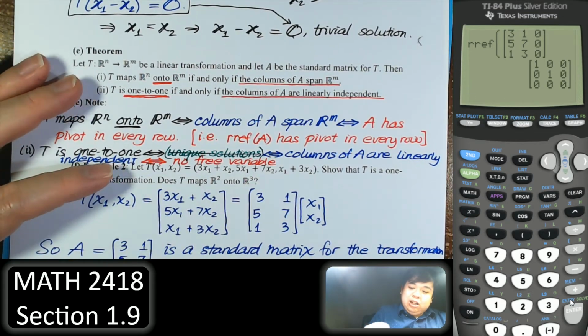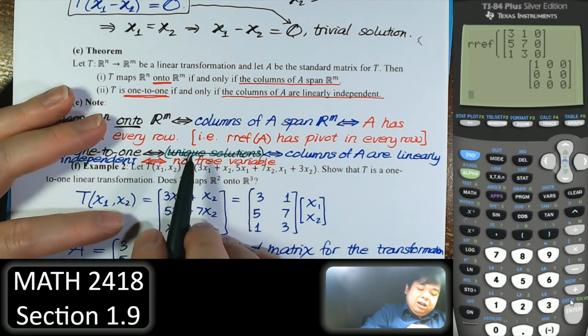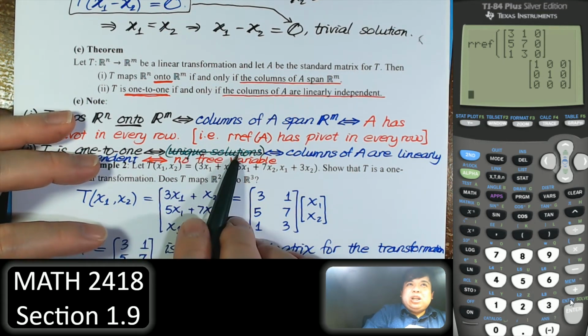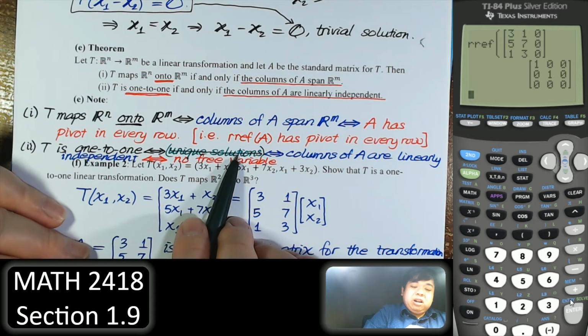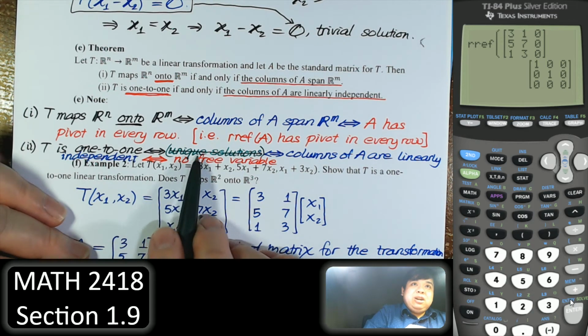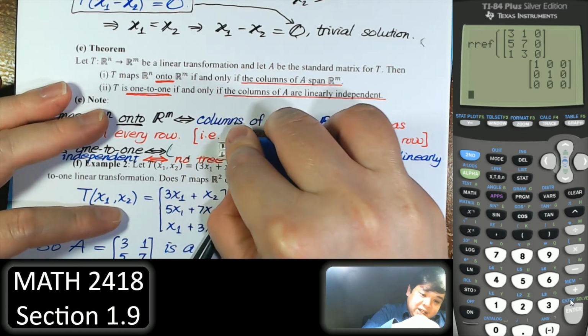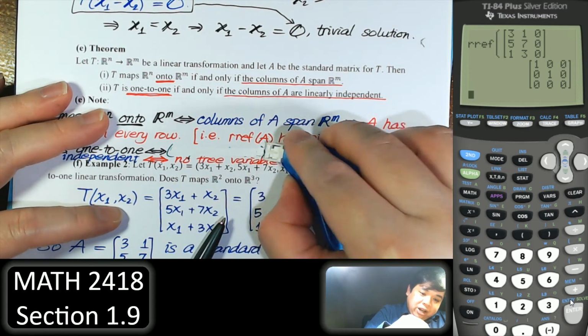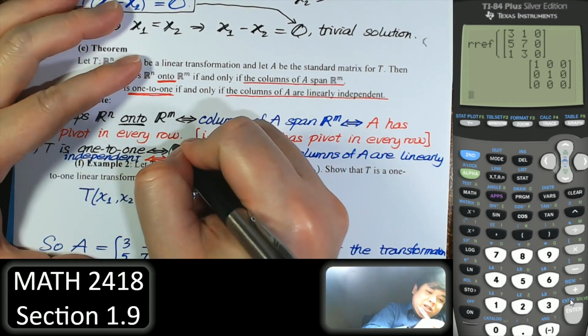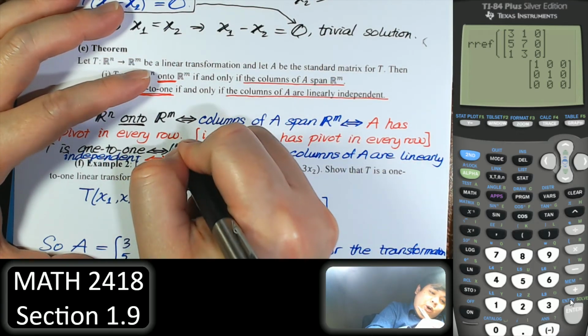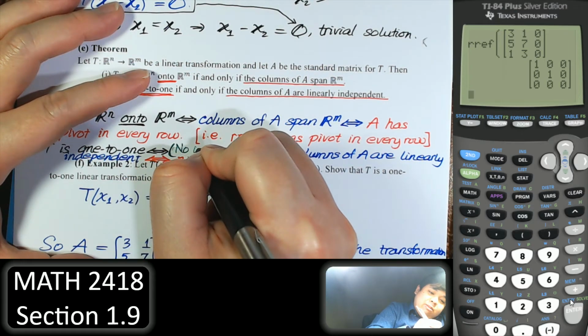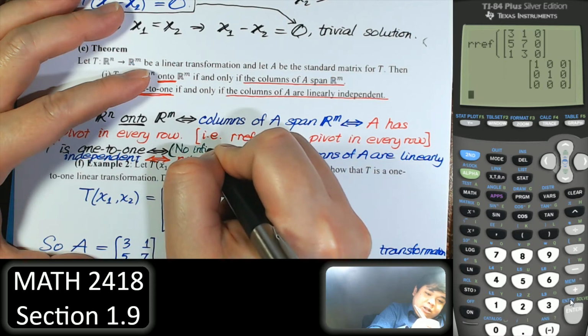So it's not unique. I should say no infinitely many solutions. It's better. It's the exact correct statement. So instead what we have is no infinitely many solutions.